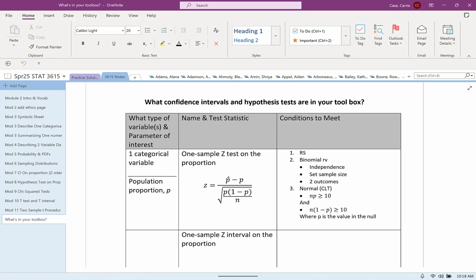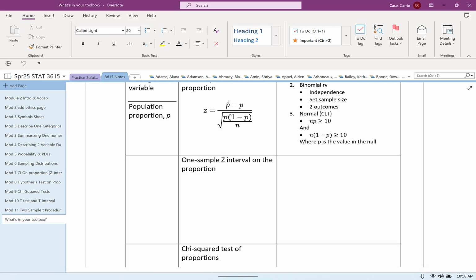Specifically, we have to have independent trials, we have to have a set sample size, and we have to have two outcomes, something happened or it didn't. And then we have to meet the condition of normality using the central limit theorem. But that condition is specifically that n times p is greater than or equal to 10, and n times 1 minus p is greater than or equal to 10, where p is that value in the null hypothesis.